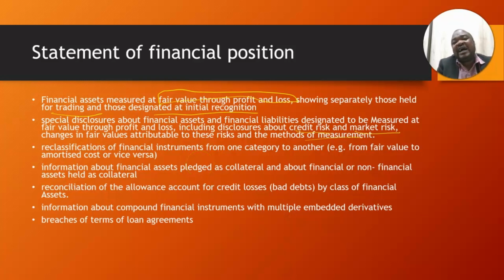Information about financial assets pledged as collateral and about financial or non-financial assets held as collateral should also be disclosed. Another disclosure is the reconciliation of the allowance account for credit losses, that is bad debts, by class of financial assets.